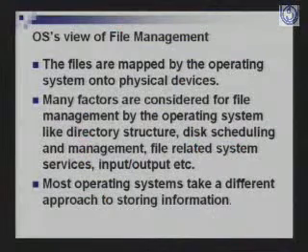Then let us see how these things are managed by the OS manager. We have seen the various disk scheduling policies, various user requests, and various things that the operating system should consider with respect to disk management. So the operating system has a certain view in order to manage all these things with respect to files.